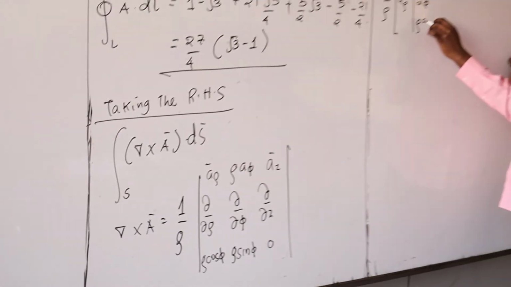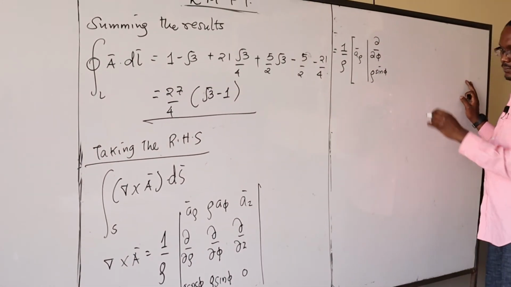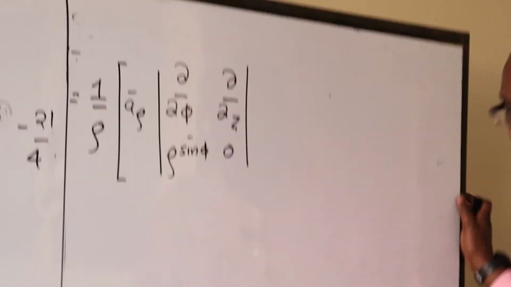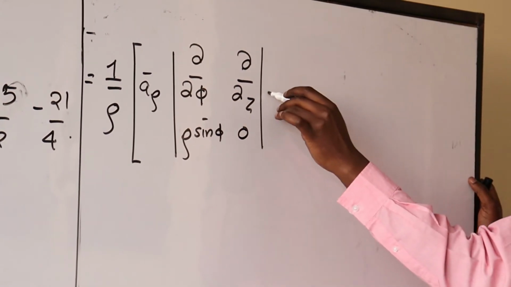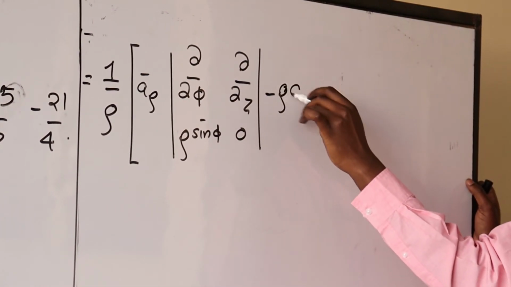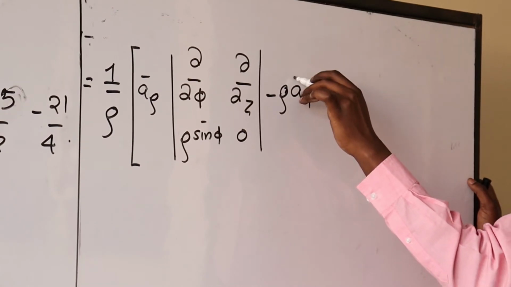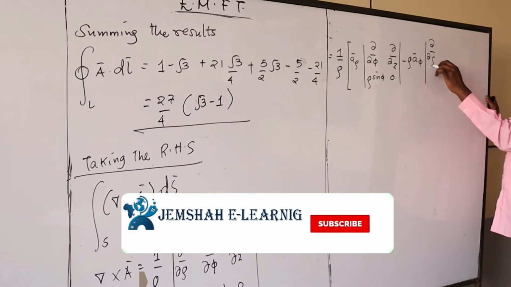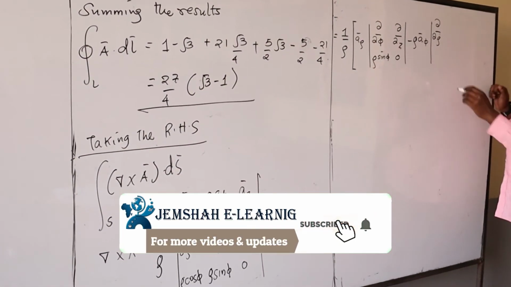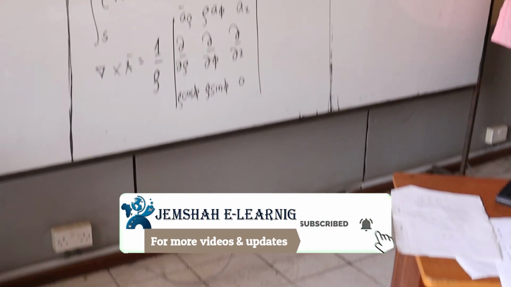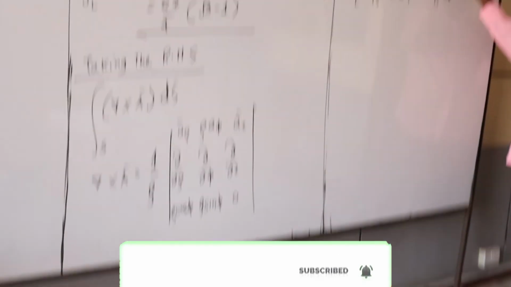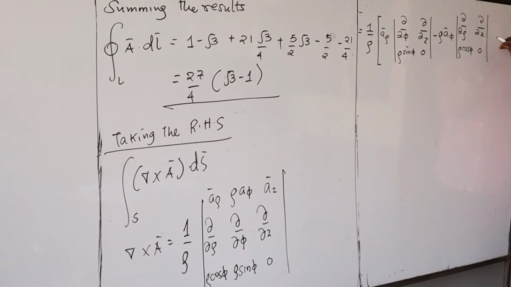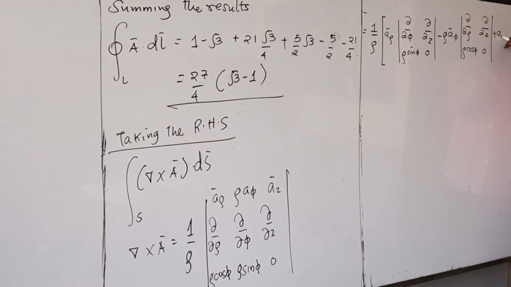We have rho sine phi, partial z, then 0. Then normally the next term negates, so we negate that, and we have rho a phi, and the determinant: partial rho, then rho cosine of phi, partial z and z. Then finally we have plus in the direction of az bar.